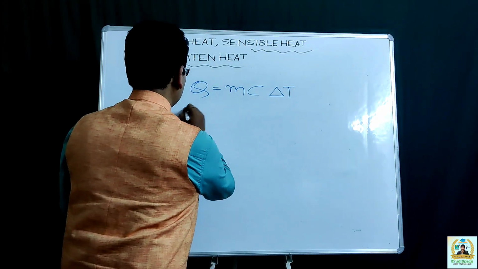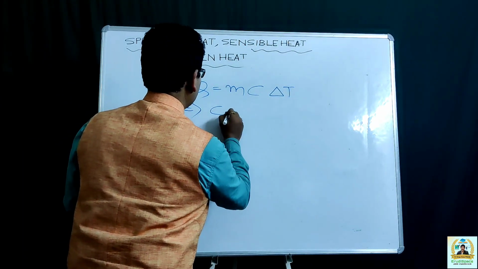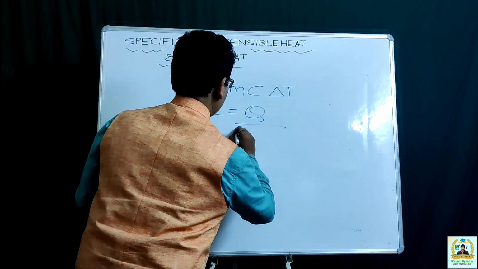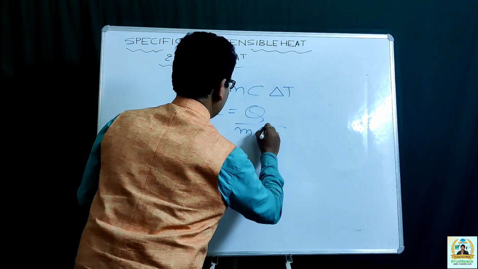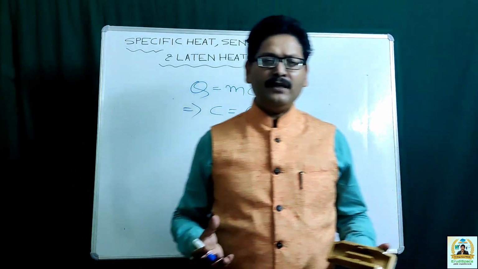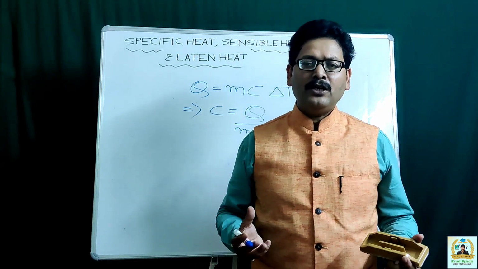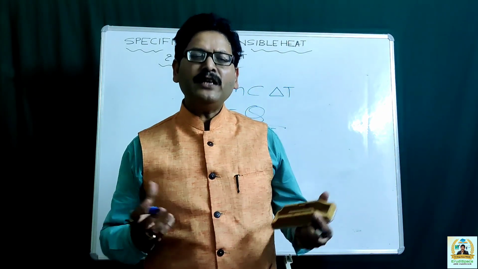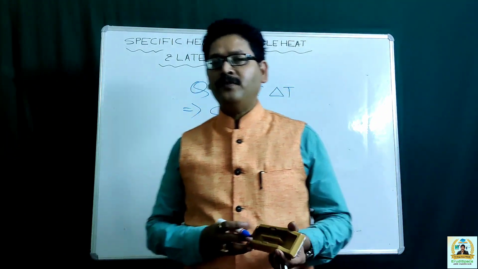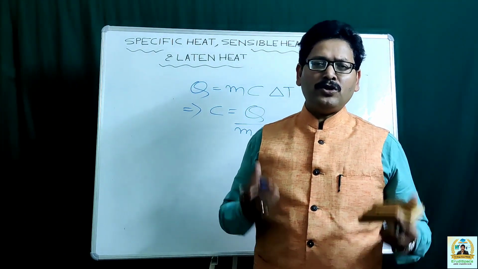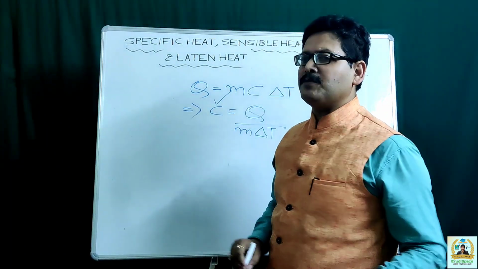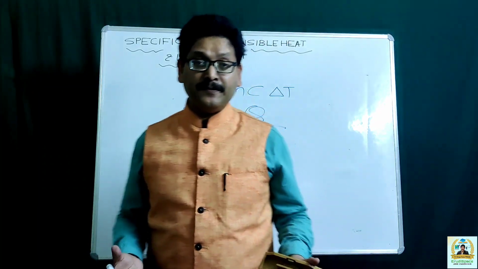So from this we get specific heat equal to Q divided by m delta T. That's what I told you. The specific heat is the amount of heat required to raise the temperature of unit mass of substance through 1 degree Celsius. Now, when it comes to solids and liquids, we do have only one specific heat represented by C.